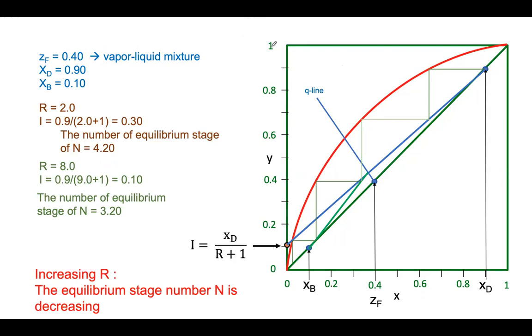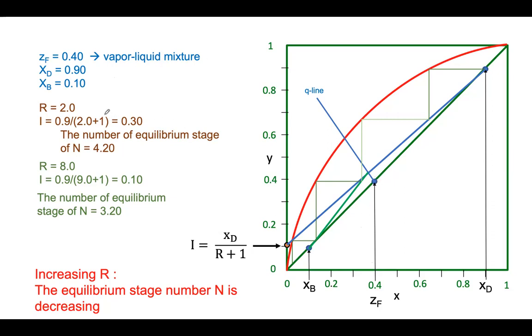This is an example. Let's say we have an example where q equals 0.4, a vapor-liquid mixture, maybe 50%, 50%. So we know that the feed is 0.4. This is the point of zF.